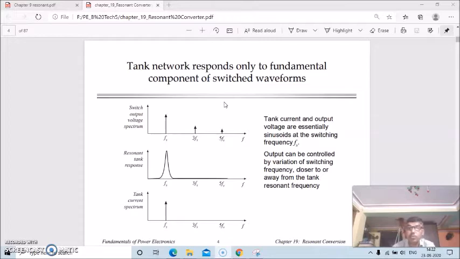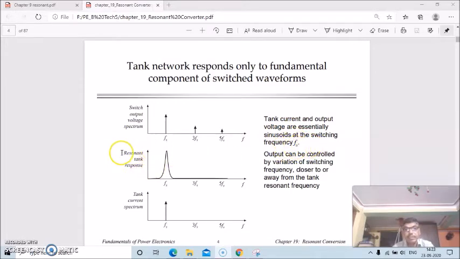of the switched waveforms. This is the switched output voltage spectrum with respect to frequency, showing the switching frequency, the third harmonic, and the fifth harmonic. The tank current and output voltage are essentially sinusoids at the switching frequency Fs.